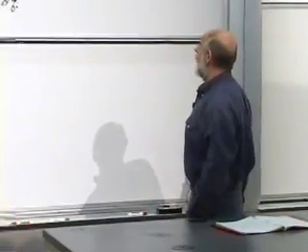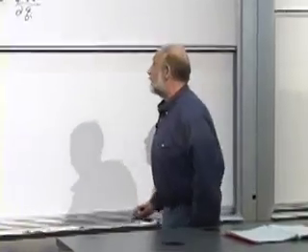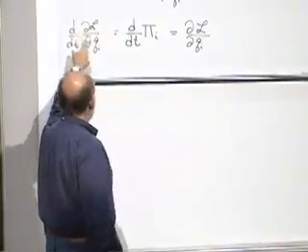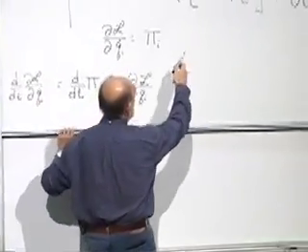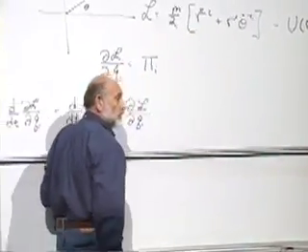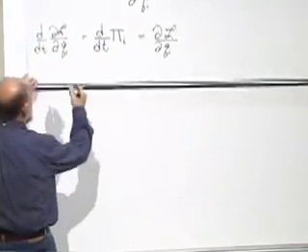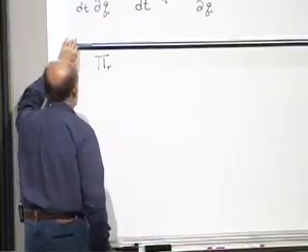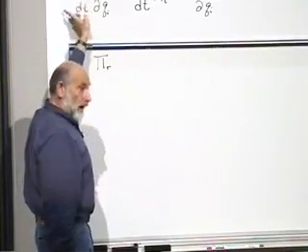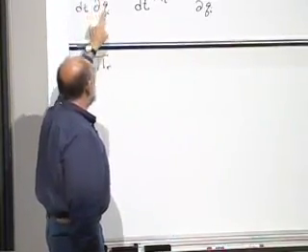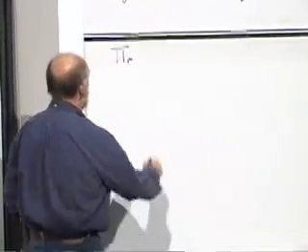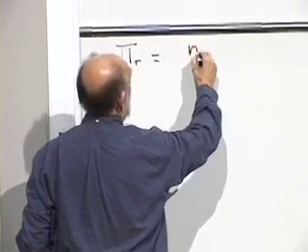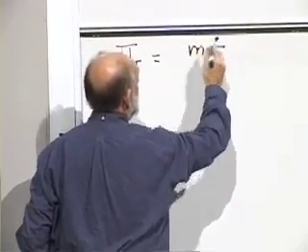So let's work that out now for the two coordinates r and theta. First r. The derivative of the Lagrangian with respect to r dot, well, r dot only occurs here. That's the only place it occurs. And so we can write that pi sub r, which is the derivative of the Lagrangian with respect to r dot, is just equal to, not one half, m r dot.